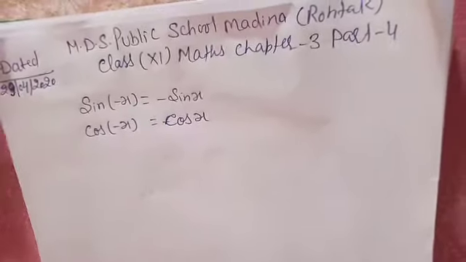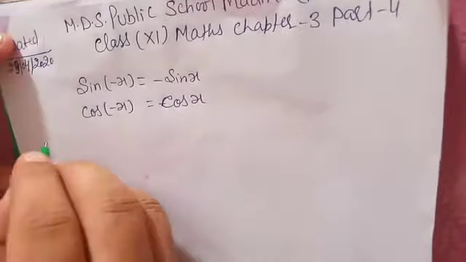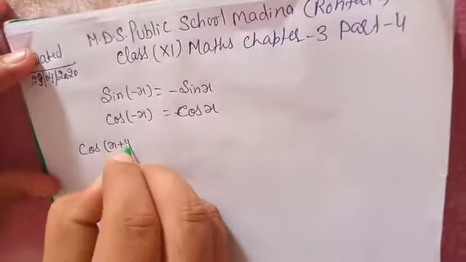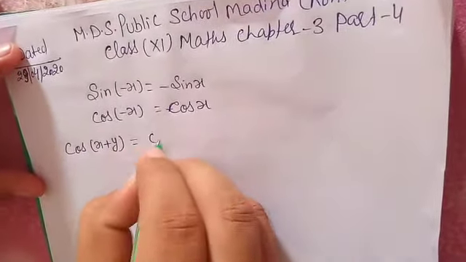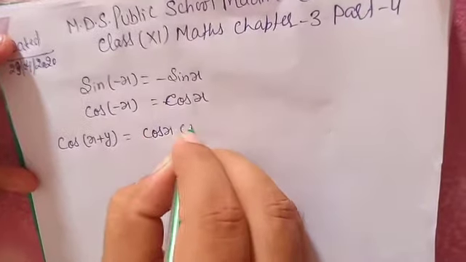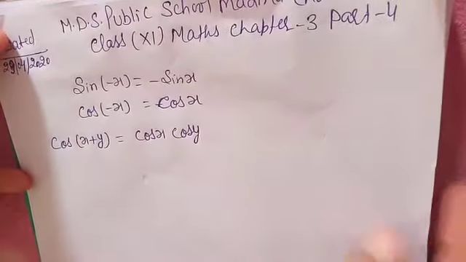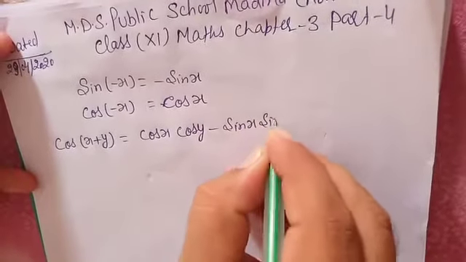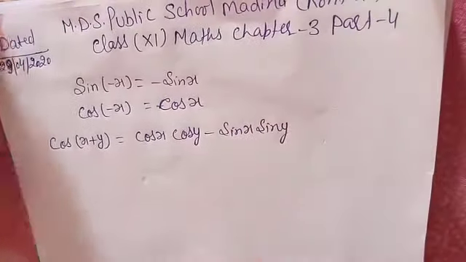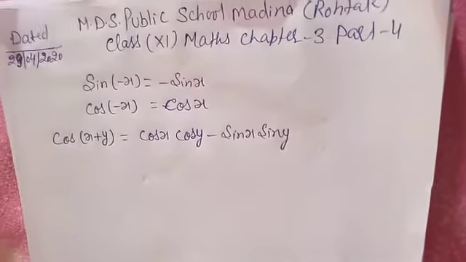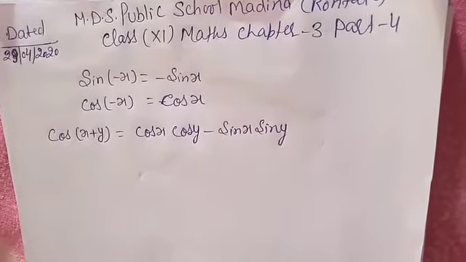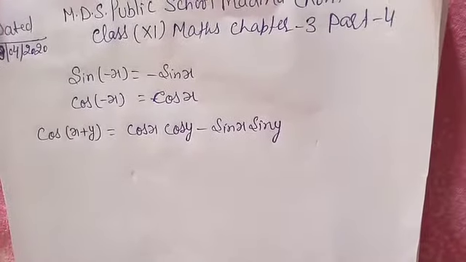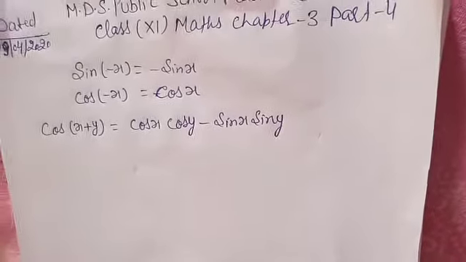So some more identities are given like this: cos of x plus y is equal to cos x cos y minus sin x sin y. 99% of students know about this identity, but how does this come?